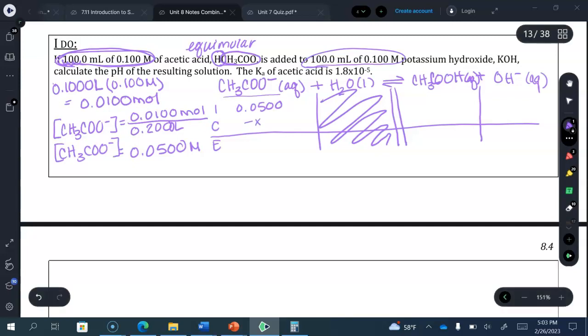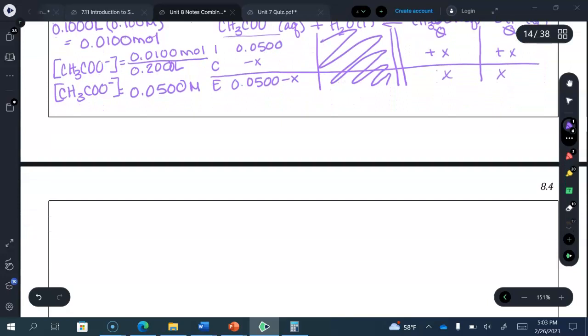Okay, we know it's going to react in a proportion of X, that we have none of these at equilibrium because they've reacted. So I'm going to add X because we're going to make them. So 0.0500 minus X, and this is just X and X. Okay, so we're almost ready. This is for a base, but we were given that Ka is equal to 1.8 times 10 to the negative fifth.